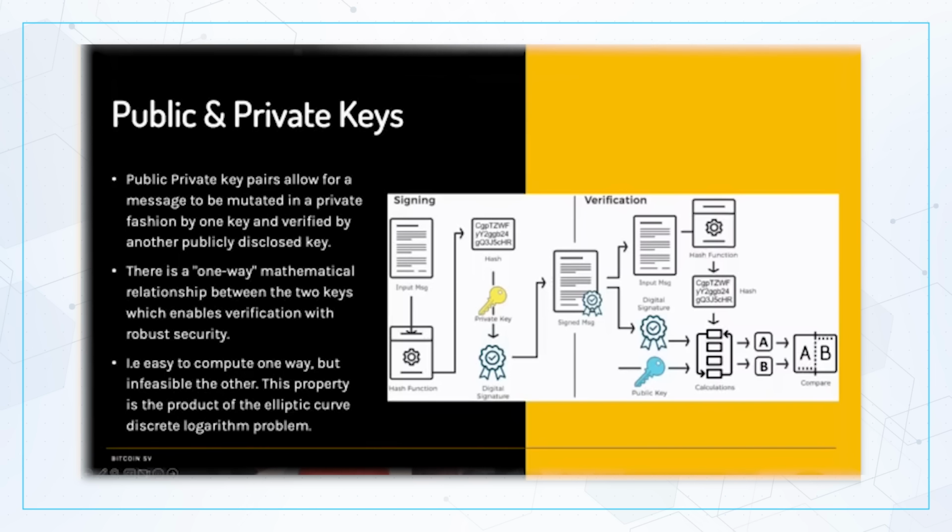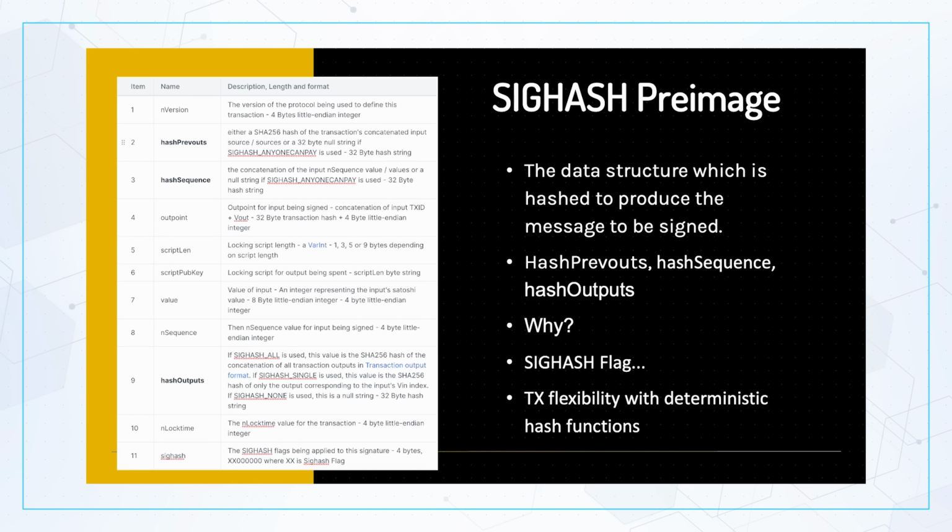So if we think about what that pre-image is asking us, some of these data fields are required to be just the raw data themselves, and some of them are the hashings of a data element: hash prevouts, hash sequence, and hash outputs. When we're hashing those values, even if you have 100 inputs going into it, the hash of the previous outs will be the digest of all those inputs chained together.